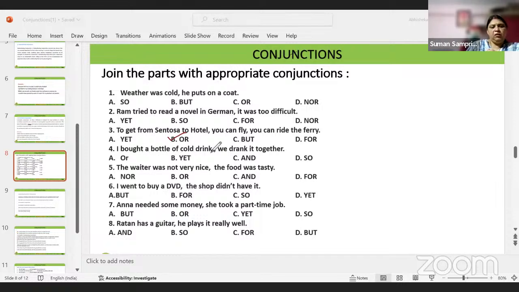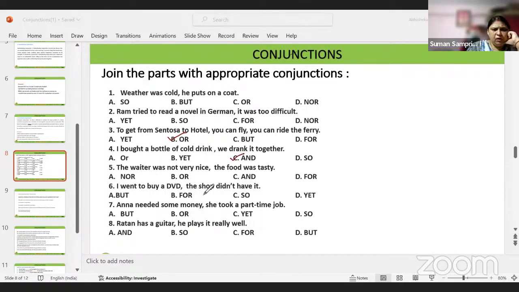I bought a bottle of cold drink. We drank it together. So the fourth one is... no, it is just making an addition. Very good, Sangeeta. It is "and".